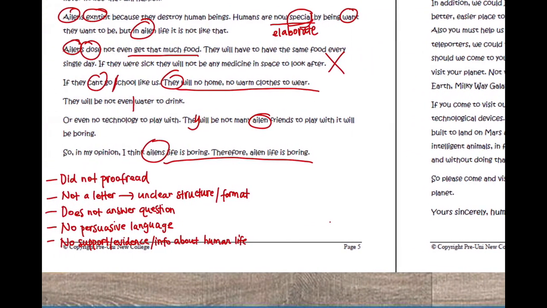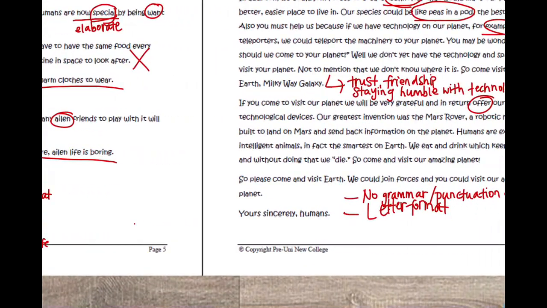If we zoom that in, we answer the question. We use persuasive language.